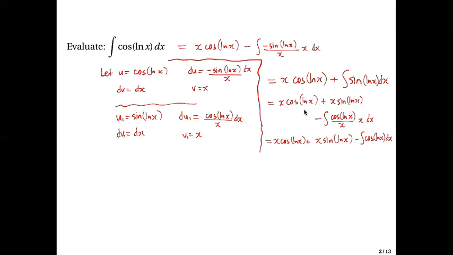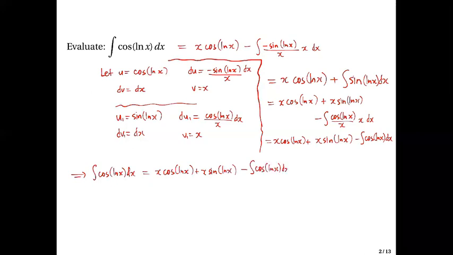And notice this here, we have minus, and that's actually our original problem. So let us just rewrite this. What we have is the integral of cosine of ln of x dx equal to x cosine of ln of x plus x sine of ln of x minus the integral of cosine of ln of x dx.